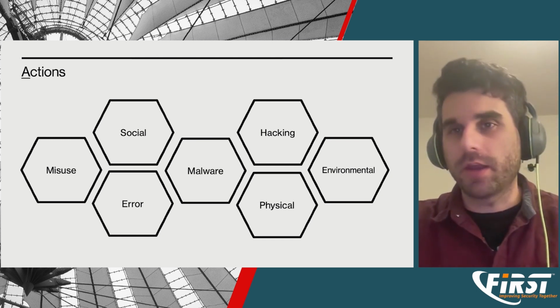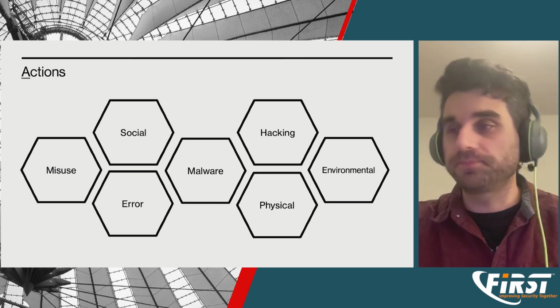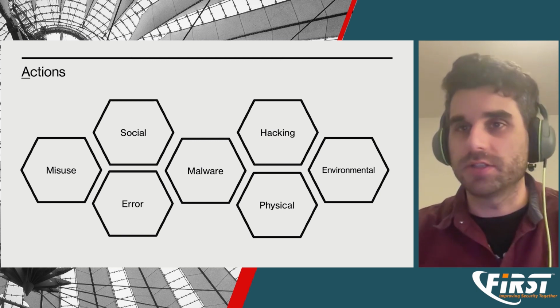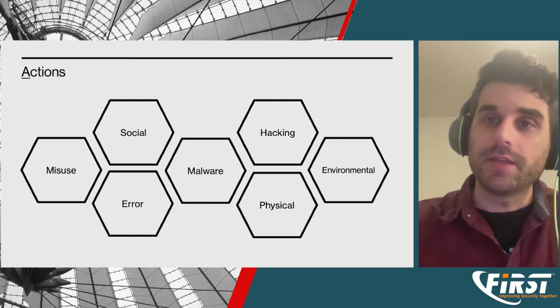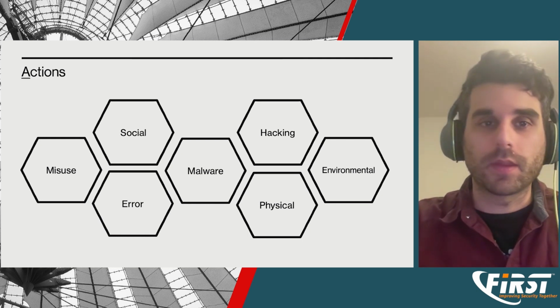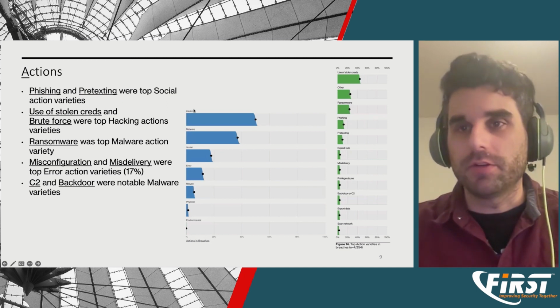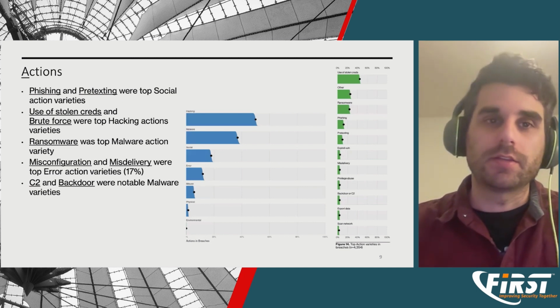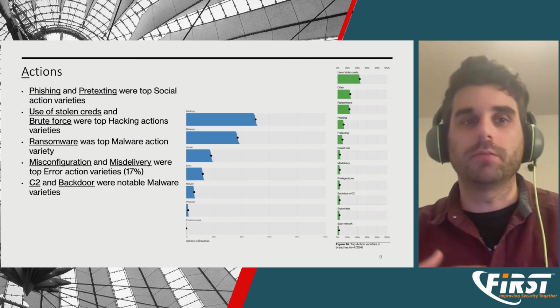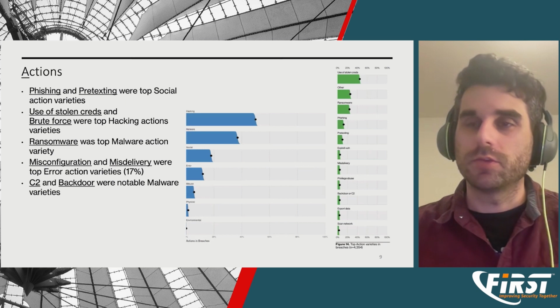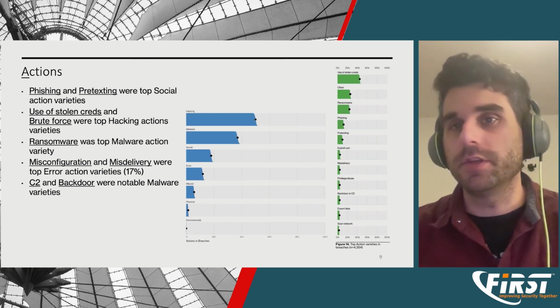So this is kind of where we start gathering the steps of the breaches, right? The actions and all the different components. When it comes down to actors, there tends to only be one actor, though you can select multiple. When it comes down to actions, this is where we get a lot more of that detail. So you have, this is just kind of the most common ones. You see things like phishing, and this is where use of stolen credentials comes in. In some of these categories, it's not always a clear-cut difference, right?